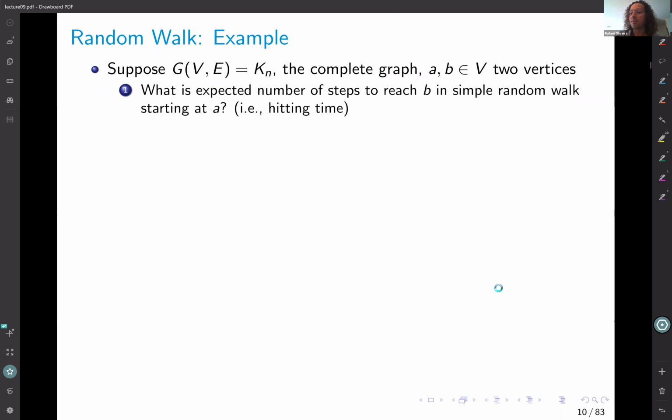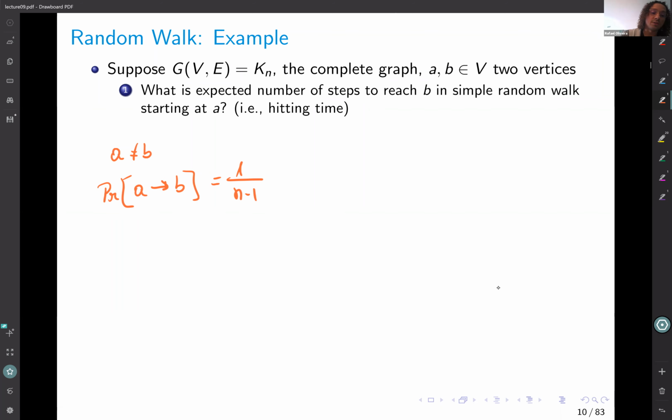If A and B are distinct, as an assumption, what is the probability that I go from A to B in this random walk? 1 over n minus 1. Exactly, it is 1 over n minus 1.